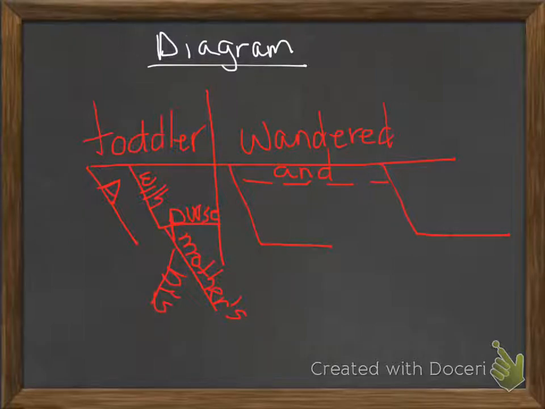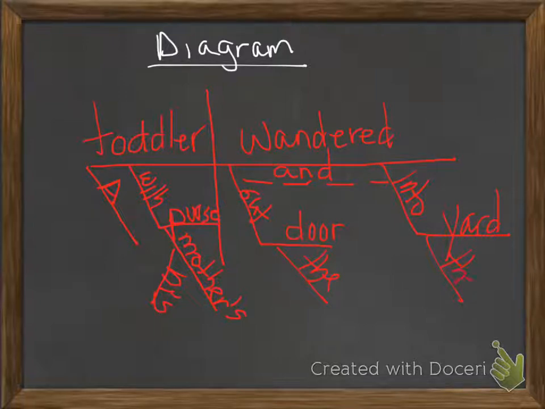All right? And then we simply put our prepositional phrases. Out, preposition. Door, object of the preposition. The. And our other phrase, into, was our prep. Yard was our object. And the was modifying it.